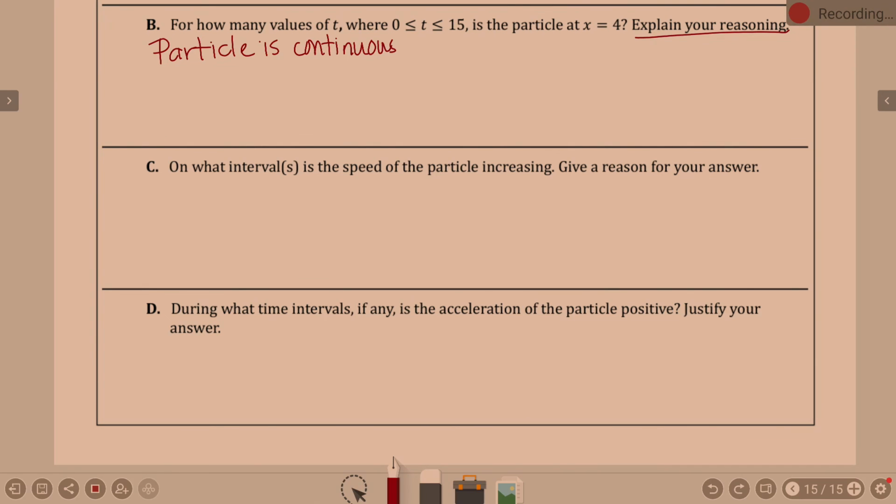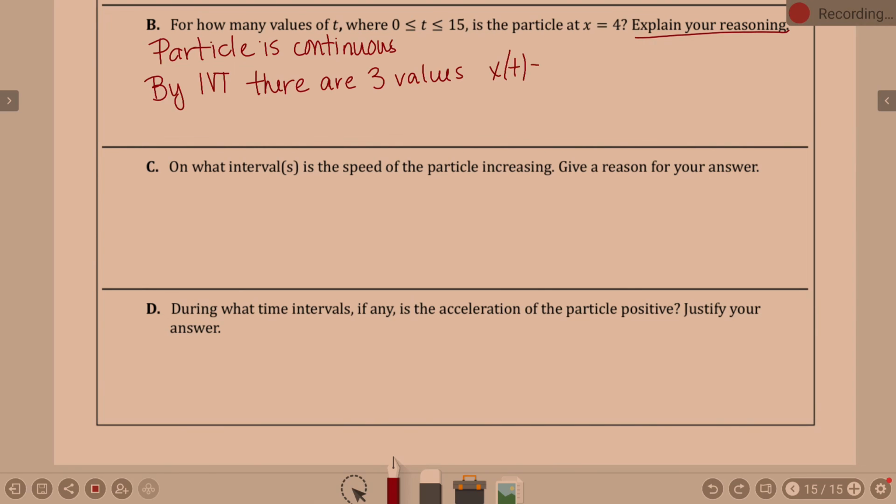So this is by the intermediate value theorem. There are 3 values, and that was supported by my chart. 3 values when x of t equals 4.